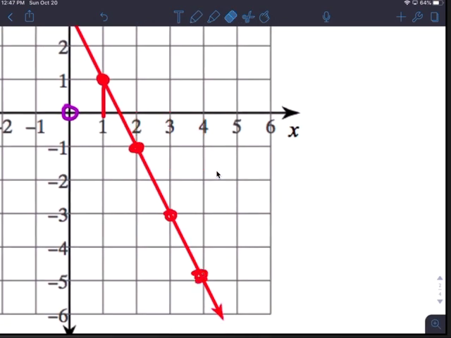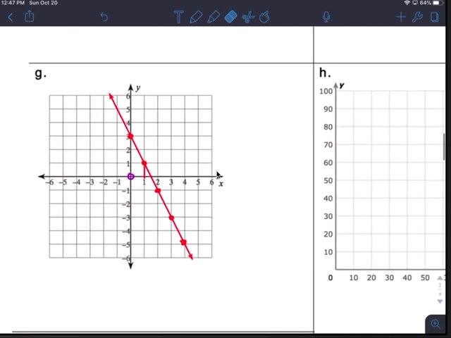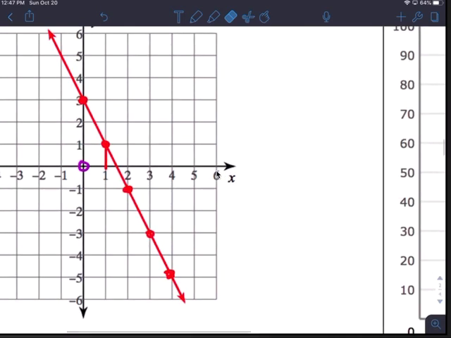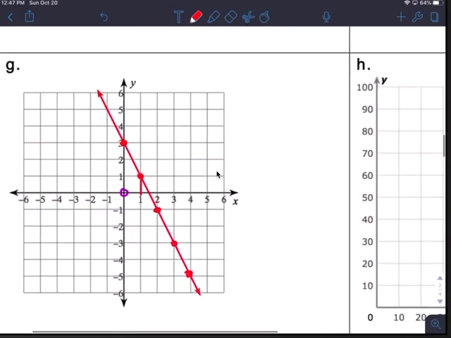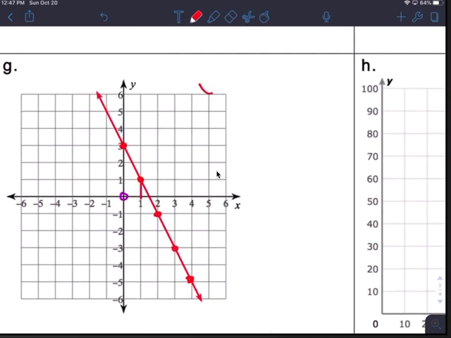Okay. Find the slope. Again, it's y sub 2 minus y sub 1 over x sub 2 minus x sub 1. Okay, pick 2 points.